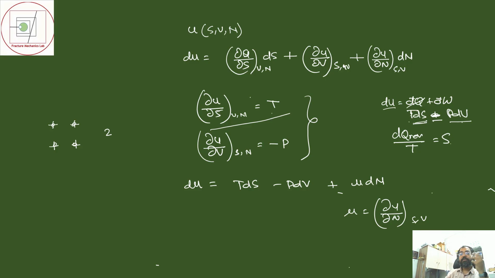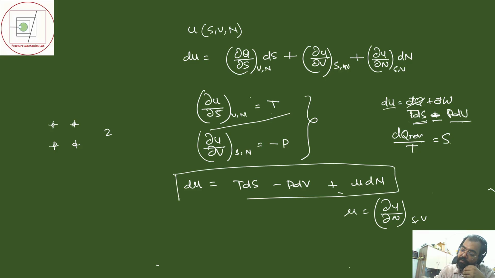This disorder is created because you have more sites and fewer atoms sitting there. And if you change this by changing N, the internal energy changes, and therefore the rate of change of internal energy per unit change in the number of particles is called chemical potential. So this is the expression for dU.